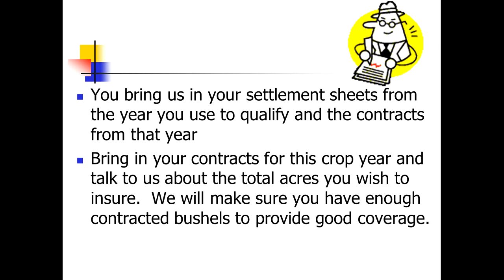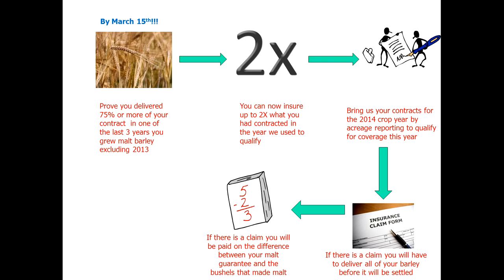So I should have put one more spot into this slide, but basically, let's say you have 100,000 bushels of contracts that we're able to insure on your crop insurance, and 50,000 bushels actually makes malt or is sold for malt. The rest of it you had to sell for feed at or below the base price. So your guarantee would be based off of your 100,000 bushel contract times the level you pick on your crop insurance.